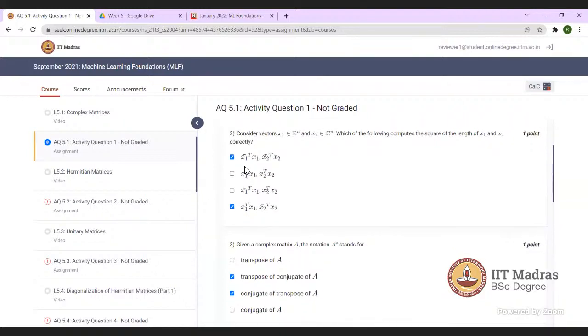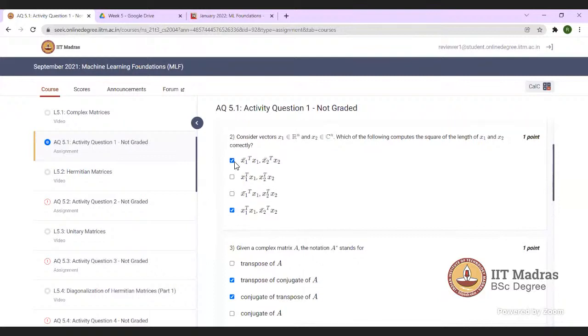Okay. So the first one, as I told, for x1 it does not matter whether the conjugate is there or not, because the conjugate is the same matrix itself. So x1 transpose into x1 is the same as x1 bar transpose into x1. That is clear, I guess.